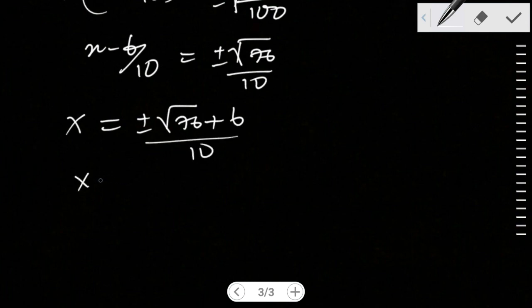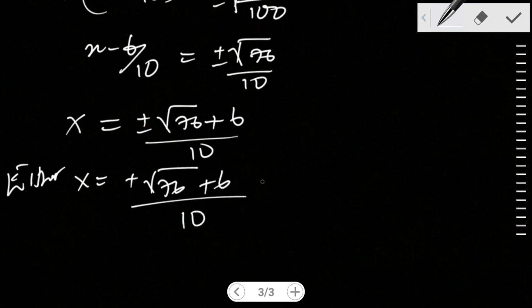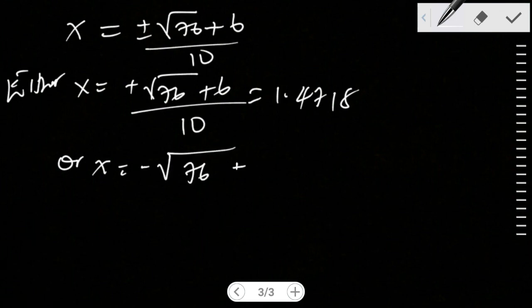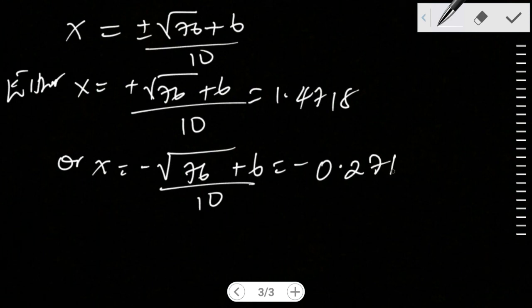And so x would be equals to positive root of 76 plus 6 divided by 10 equals to 1.4718, or x would be equals to negative root of 76 plus 6 divided by 10, negative 0.2718, and these would be the values of x in this case.